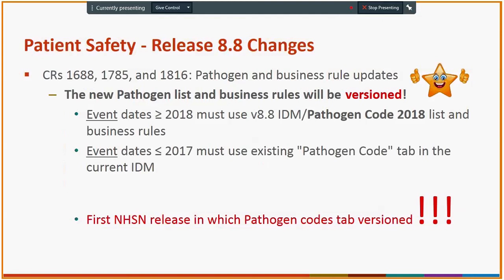Event dates greater than or equal to 2018 must use the 8.8 IDM pathogen code 2018 list and the business rules. Event dates less than or equal to 2017 must use the existing pathogen code tab in the current IDM.